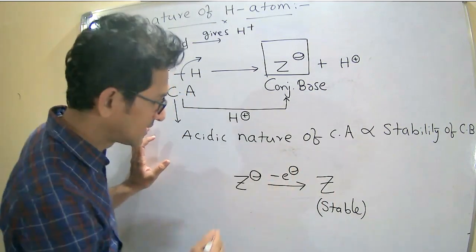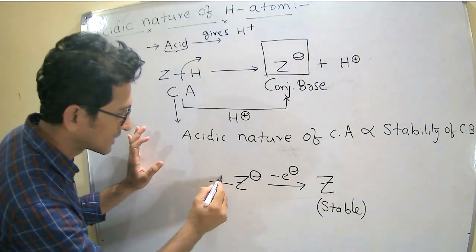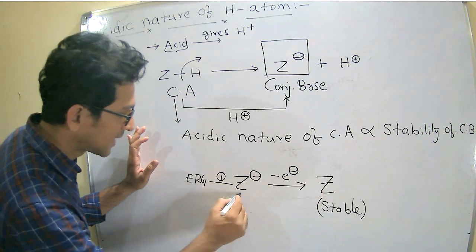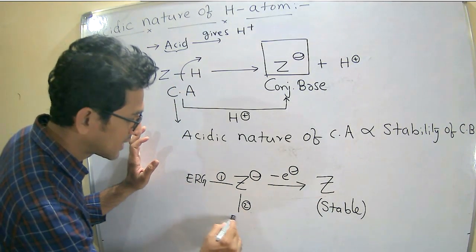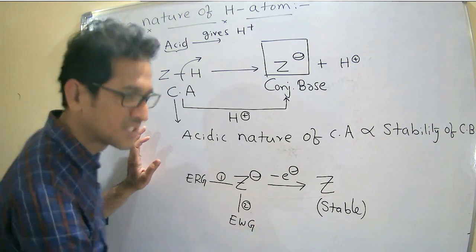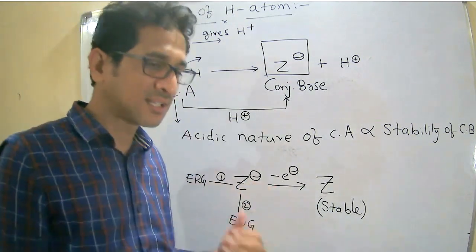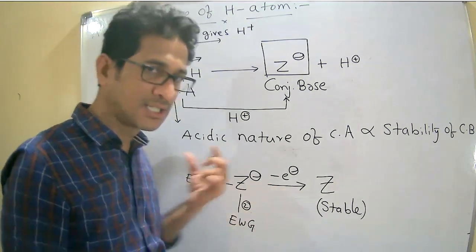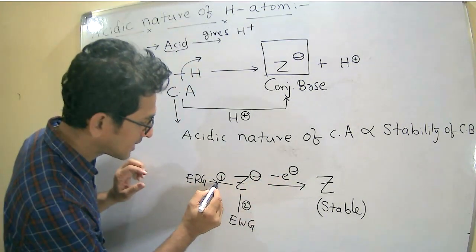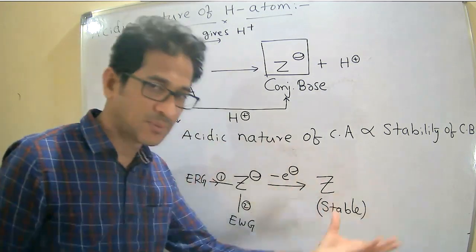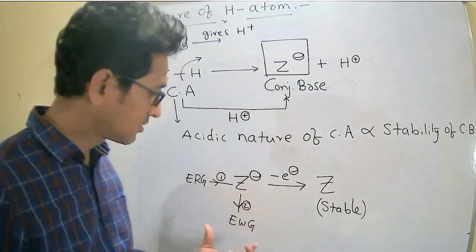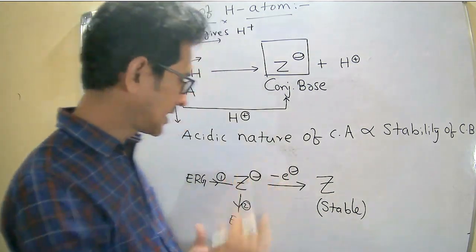Again, we have two conditions. Condition number one, electron releasing group, and condition number two, electron withdrawing group. Groups are two types: electron releasing groups, which release electrons towards the other species, and electron withdrawing groups, which withdraw electrons from the other group.